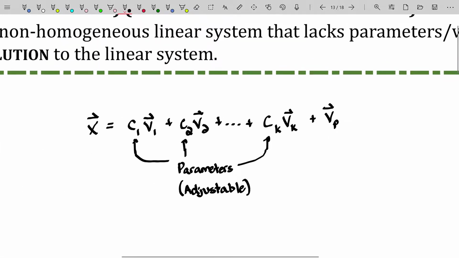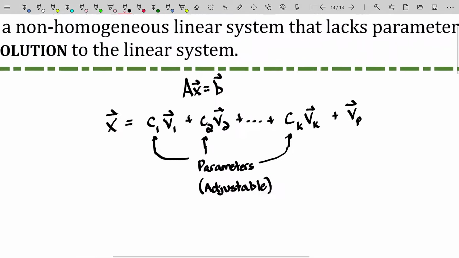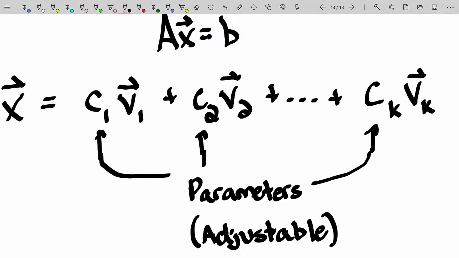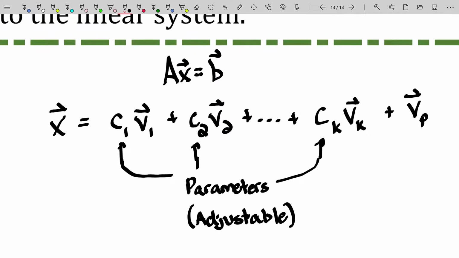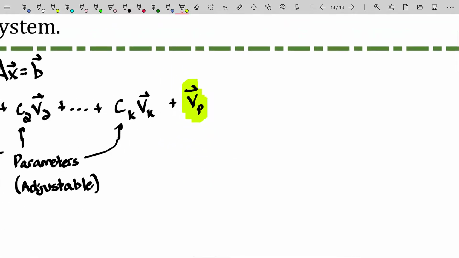So if you have a non-homogeneous linear system, a system like this, Ax = b, and pretend for a moment that the vector solution can be written as a linear combination of v1 through vk, where the weights of that linear combination are adjustable, and we've seen this in one of our solutions, so I'll point back to it in a moment, plus some other vector that does not have an adjustable coefficient. Well, that vector, the non-adjustable coefficient vector, is called a particular solution.